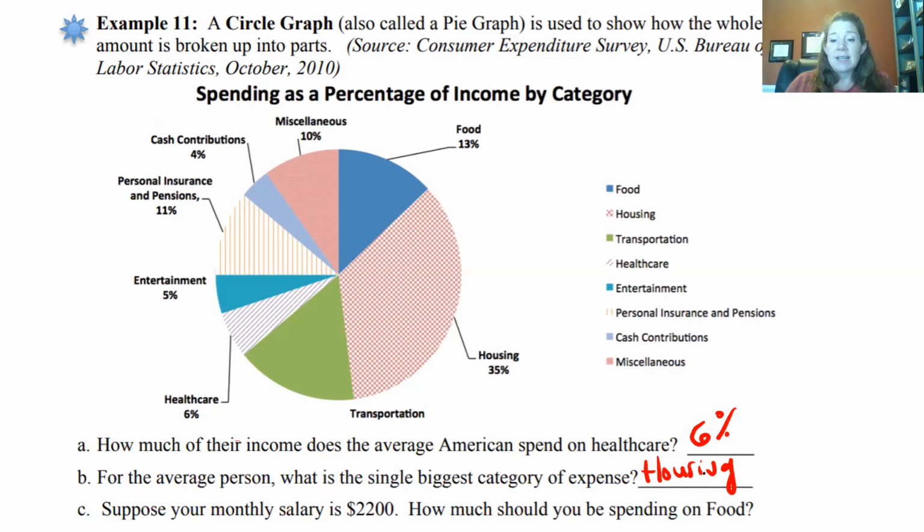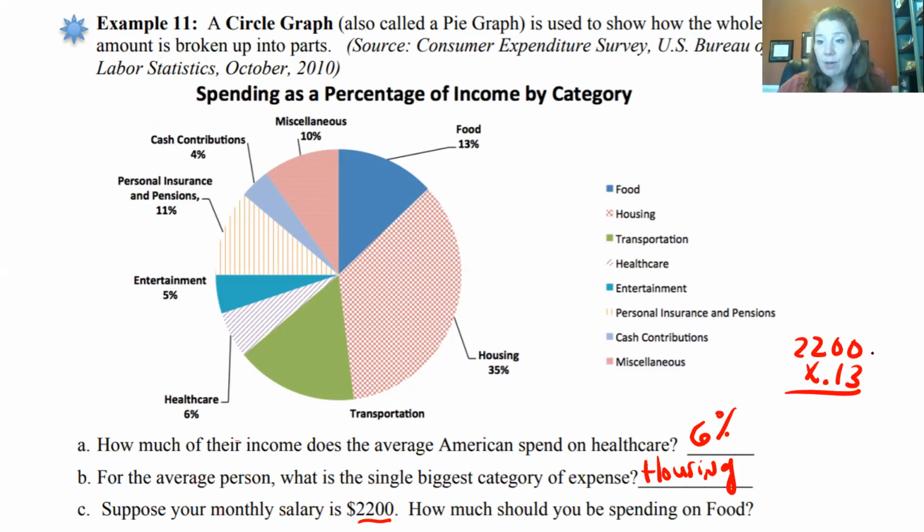Now letter C gives us an actual amount of money. So suppose your monthly salary is $2,200. Because we know the total monthly salary, now we can figure out how much money is spent on food. So since 13% of the income is spent on food, we could figure out what is 13% of 2,200.